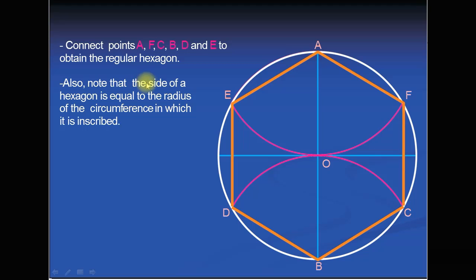Also note that the sides of the hexagon are equal to the radius of the circumference in which it is inscribed. In a hexagon there are 6 sides: 1, 2, 3, 4, 5 and 6.